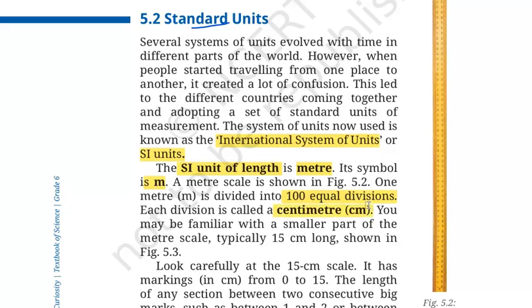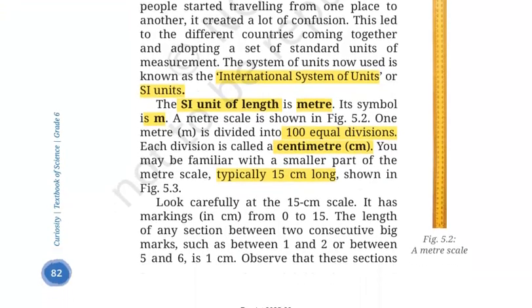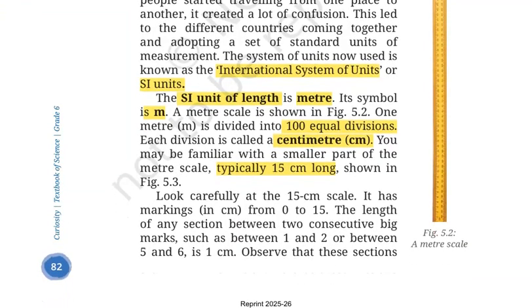You may be familiar with the smaller part of the meter scale. Typically, the smaller scale which we carry in our pencil box is 15 centimeter long. Over there each division is equal to 1 millimeter. So when we have a centimeter scale, 1 centimeter is divided into 10 equal divisions, and each division is 1 millimeter.